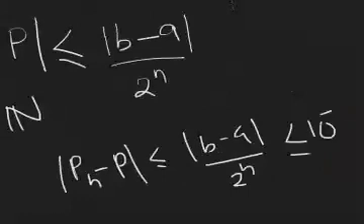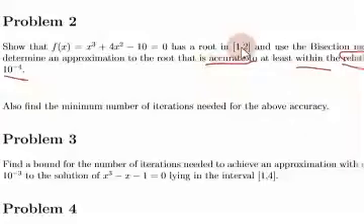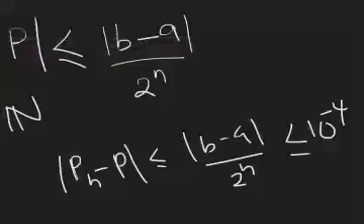This is the accuracy. You know a and b: a is 1 and b is 2. So the length is 1 here.